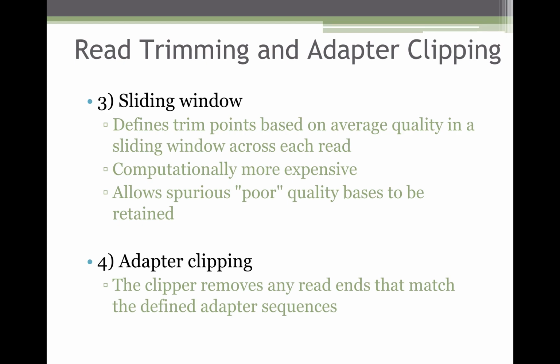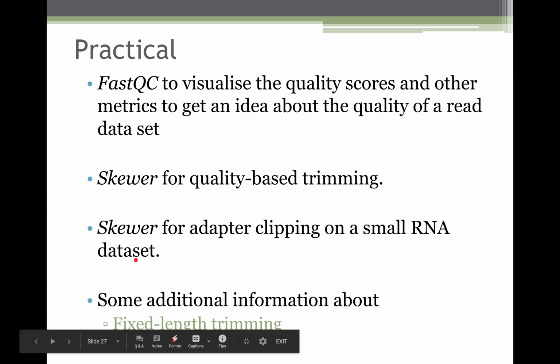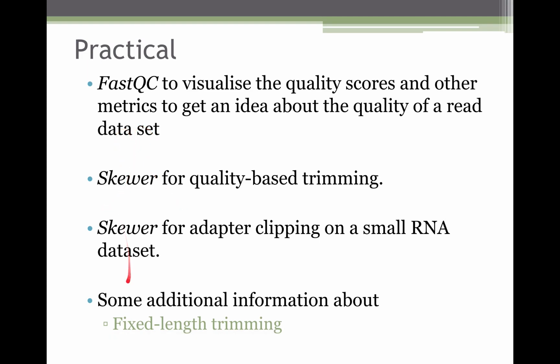And there are other ways to remove low quality bases. One of them is a sliding window, and we will also look at how to look for adapter sequences in your data and how to remove those. We will use FastQC to assess the quality, and I will use a tool called Skewer to do the trimming.